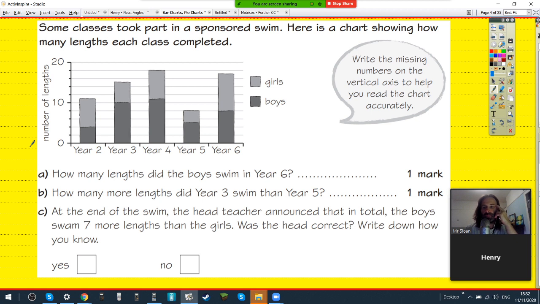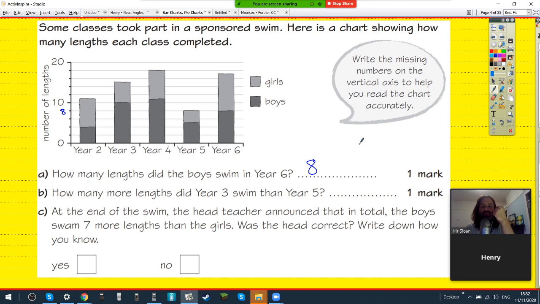So the number is 8. How many more letters did year 3 swim in year 3? Wait. So you mean, are the girls total added onto the boys, or is it just a load more than the boys?